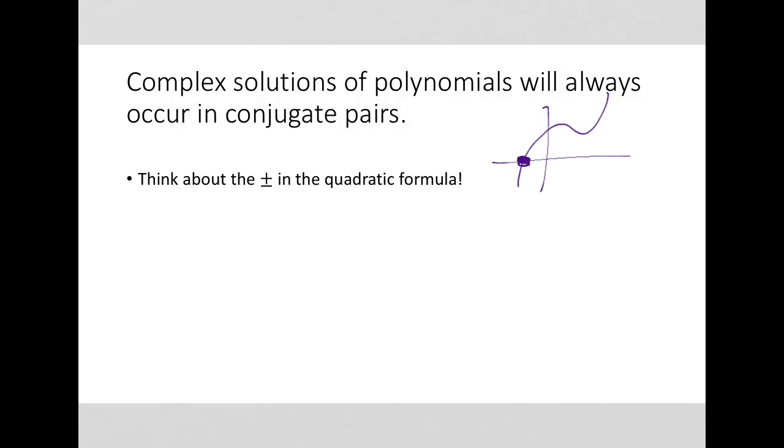Well, it's going to have exactly n solutions if you include complex solutions. So that's a really cool thing that I'm just breezing over right here. But since there's one real solution to that, I know there has to be two non-real solutions to this same thing. And what's awesome is that if you know one complex solution, you automatically get another one for free, because they will always occur in conjugate pairs.